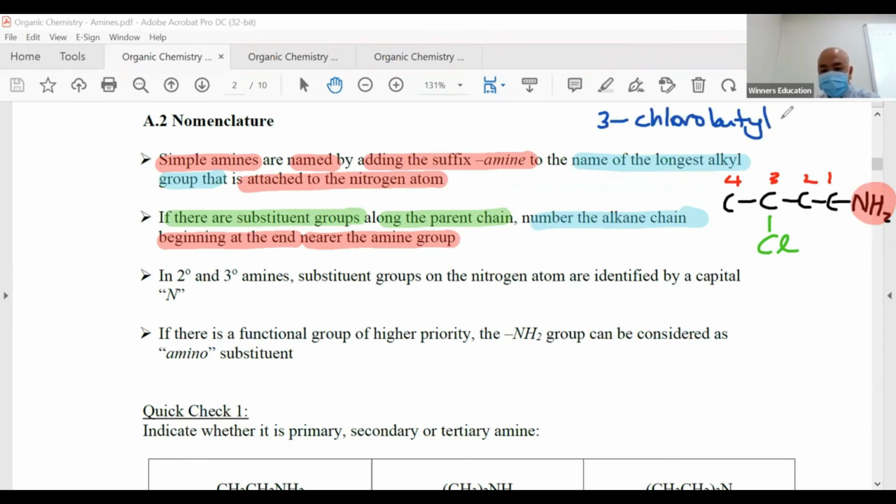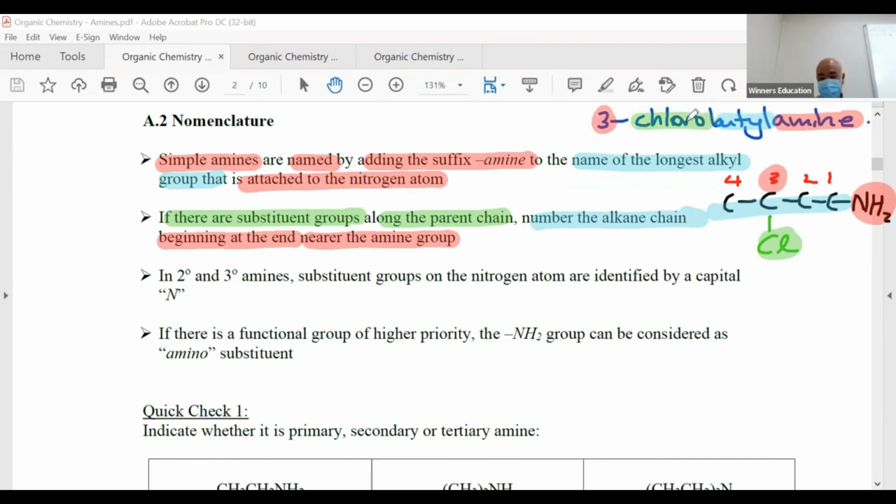Therefore, it's called butylamine, 4 carbon, right? So color code wise, this is the amine, the longest carbon chain I can find attached to it, 4. And then the substituent, what's the position of the substituent? And what is it? Obviously, chloro, right?